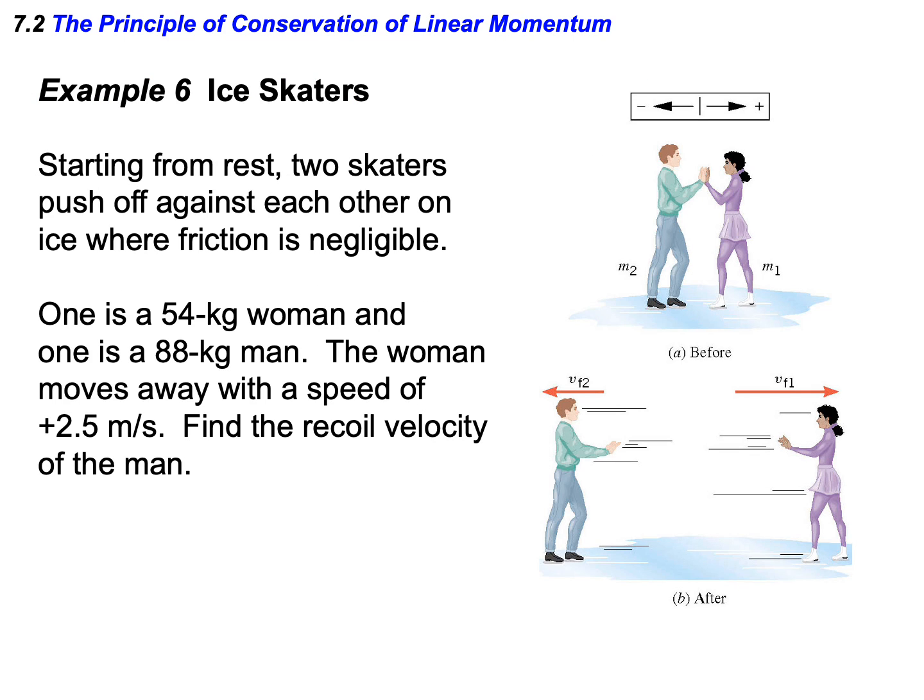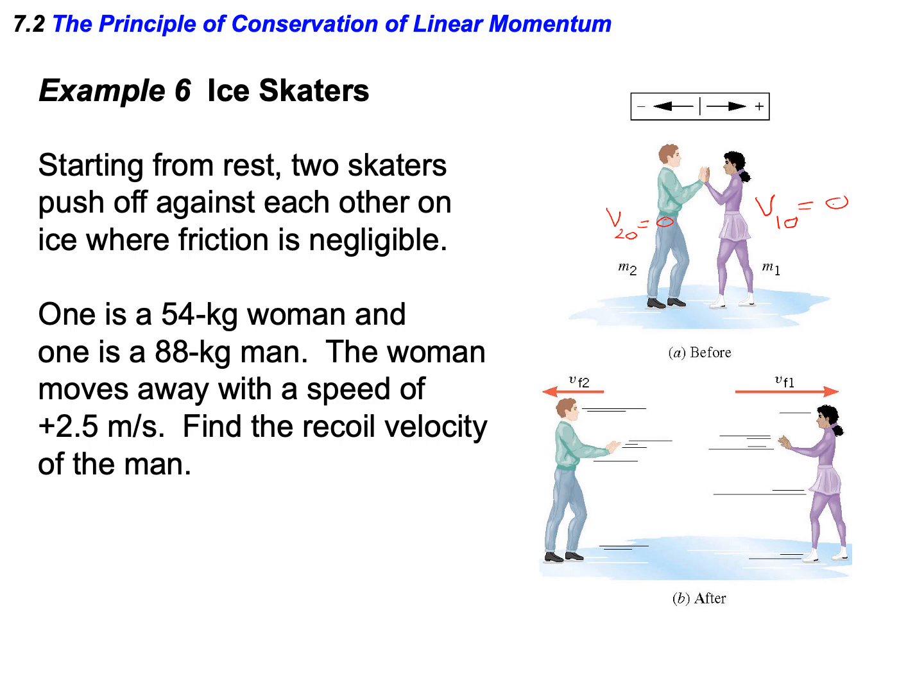Okay, here's another example. It says starting from rest, two skaters push off against each other. So starting from rest, V2 initial is 0. Even for this person, let's say 1, the initial velocity is 0, it is at rest. So 1 is a 54 kilogram woman and 2 is an 88 kilogram man.